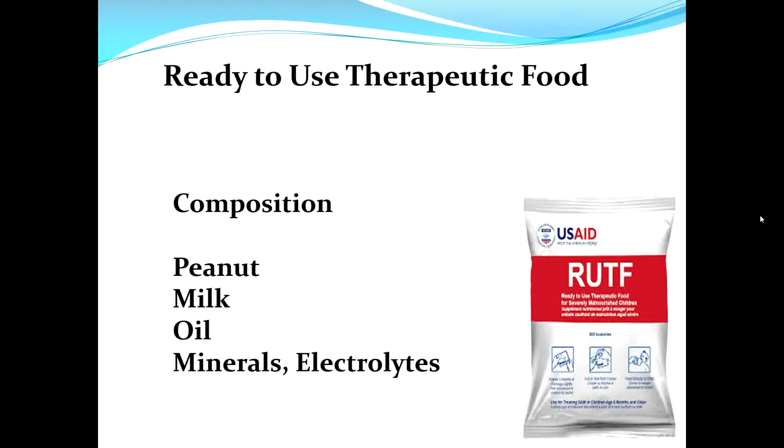It is a mixture of powder whose composition shows peanuts for a lot of protein intake and fat intake, dried skimmed milk powder, oil, minerals and electrolytes.